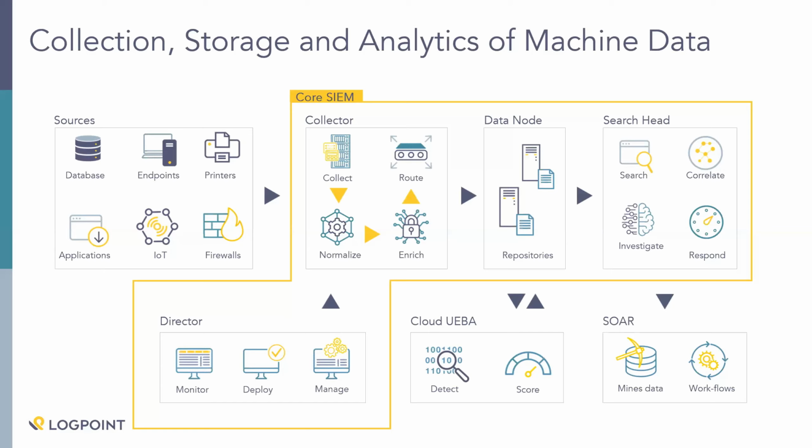UEBA is different in that we run the analytics for you in our data center, which is in Denmark. So that means that the data is analyzed up there, and you don't have to have any separate setup for that. It's just a question of another license. But even though it's in the cloud, the data actually gets encrypted and hashed on-premise with a key that only your LogPoint box holds.